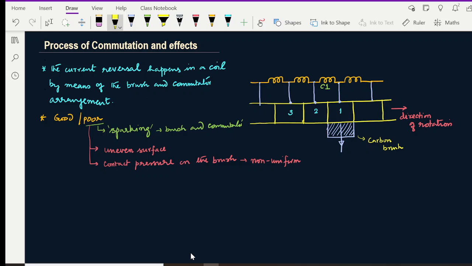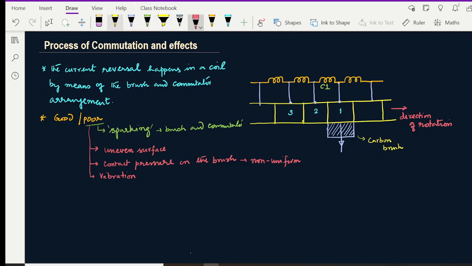When such a reduction in the height of the brush happens, there is a chance that the uniform pressure given on the brush may not be possible. Then there is a chance of vibration, which may happen due to various reasons. The vibration may come from the armature shaft, or it may be coming from the brush holder.